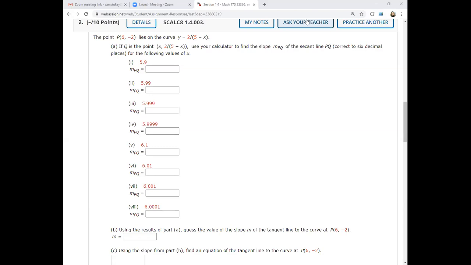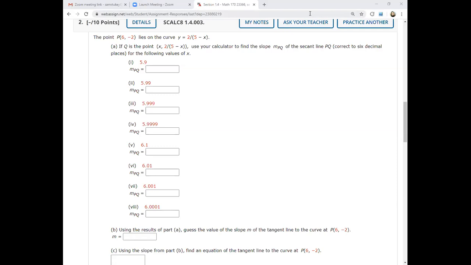Now, what we're going to do is derive a general expression for the slope of the secant. I'm going to send you this when I finish writing it.